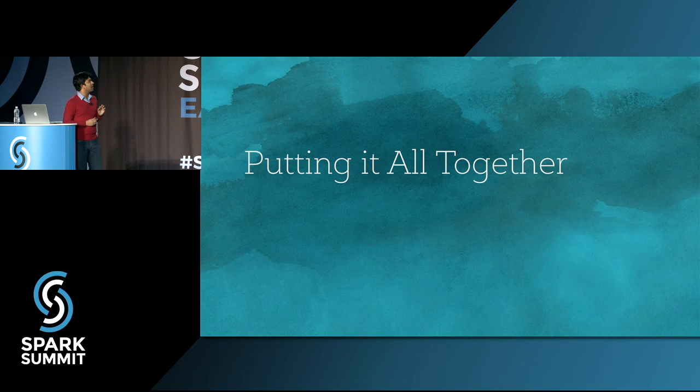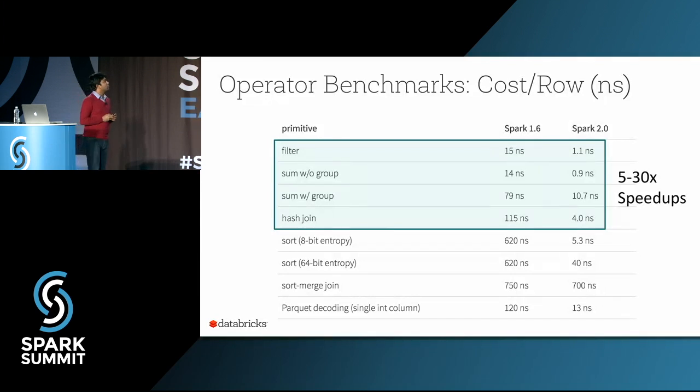So I just have a couple more slides around performance. And this is just to give an idea about how much performance benefit whole-stage code generation actually got us in SparkSQL. These are some of the operator benchmarks that I have. These are very familiar operators in Spark: the filter operator, aggregates, hash joins, and things like that.